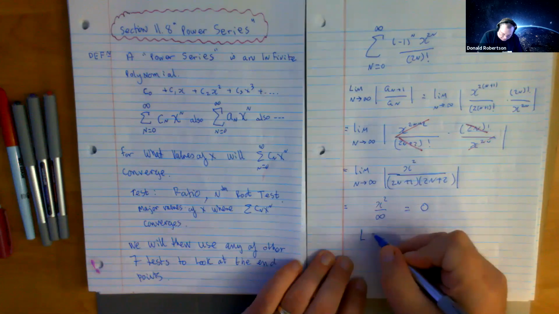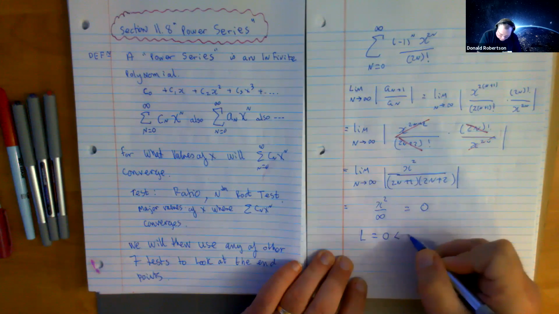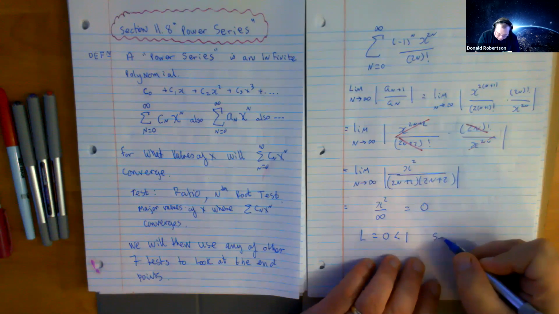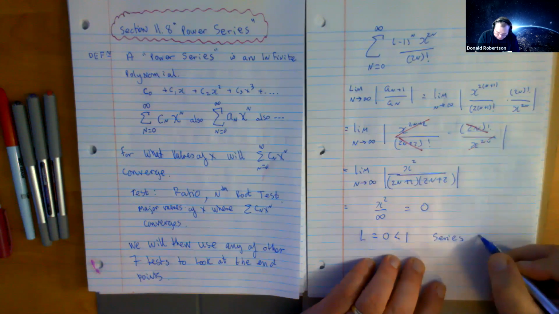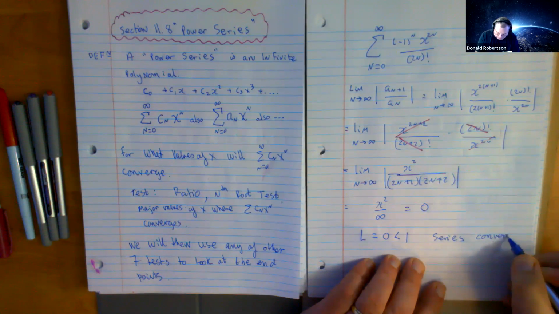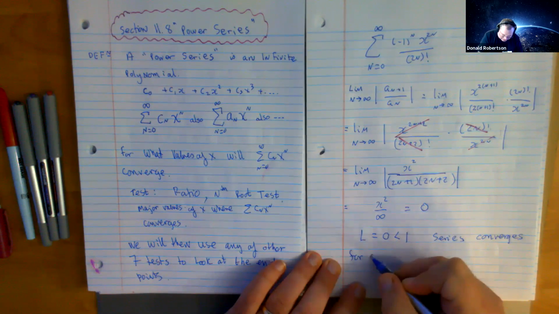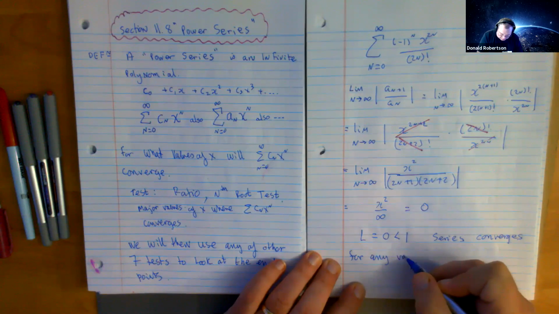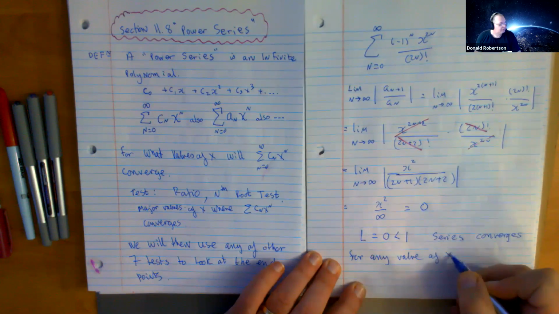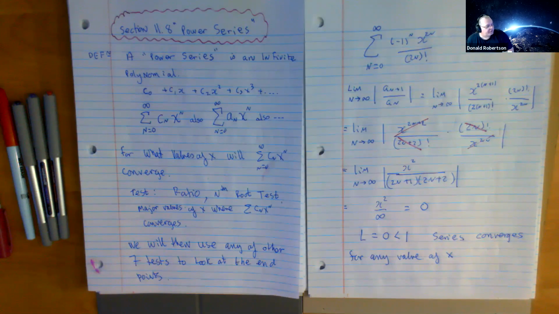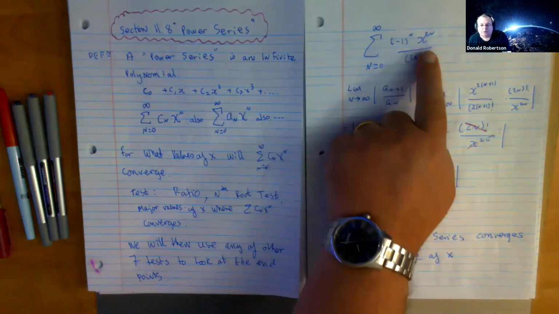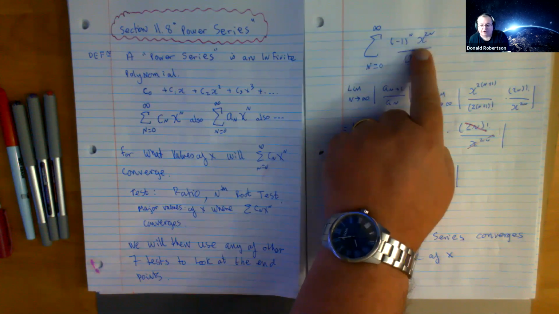Now, if L is equal to 0, which is clearly less than 1, doesn't that mean that the series converges? And it converges for any value of x. It doesn't matter if x is 42 or 42 trillion, won't it still converge? So we have found, almost written it down now, for what values of x this power series converges.